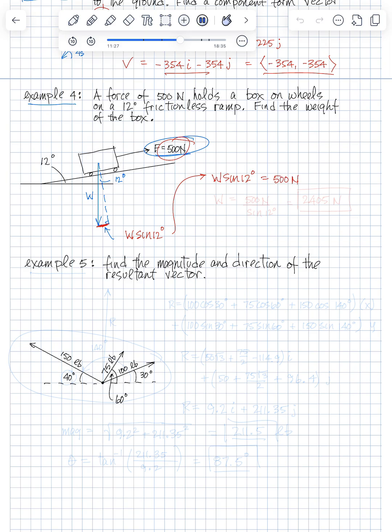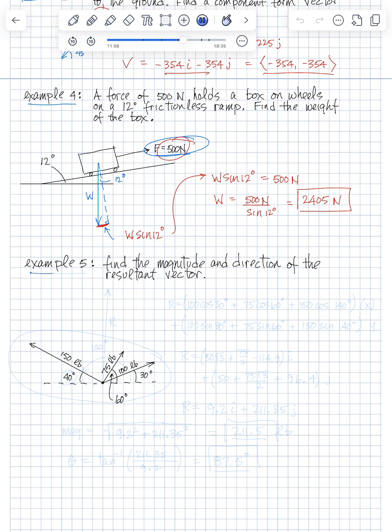Now all we have to do is solve for W. So 500 newtons over the sine of 12 degrees is equal to 2,405 newtons. I'm not dealing in pounds. So this is the weight of the box.